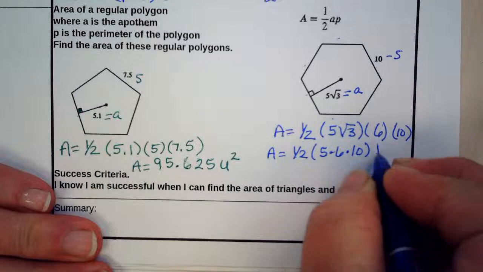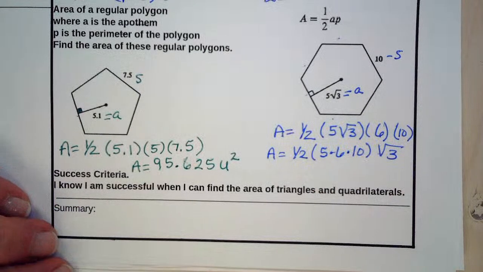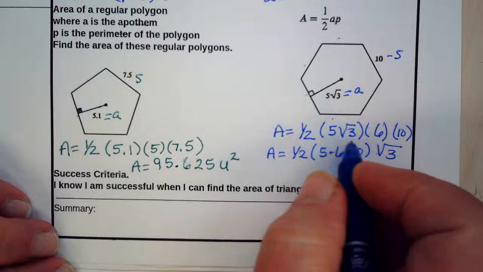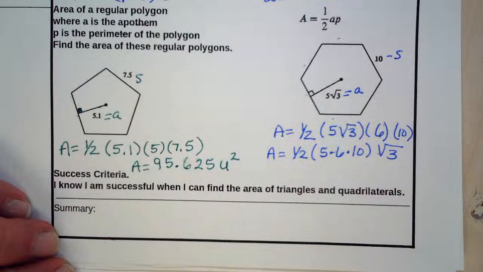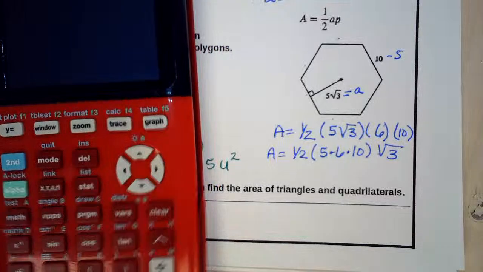And I will still have the square root of 3 left over. Remember, multiplication is commutative. 5 square root of 3 is 5 times the square root of 3. So as I'm looking at it, this is going to be 30 times 10, which is 300.